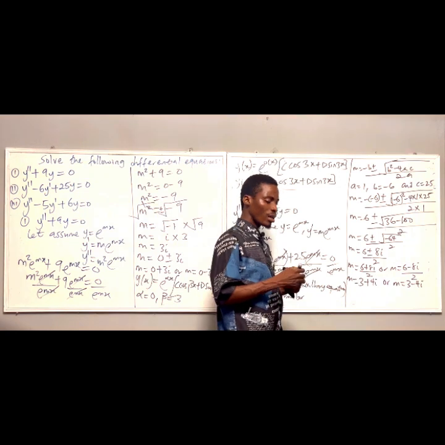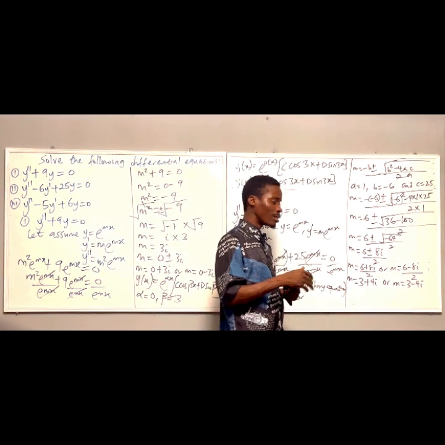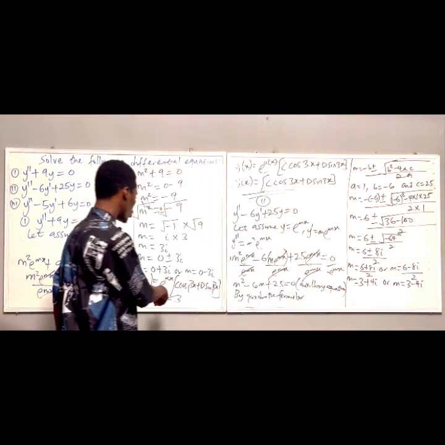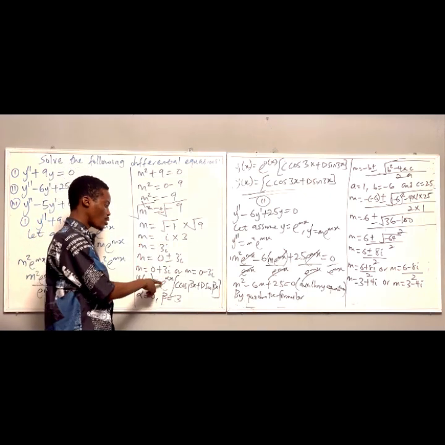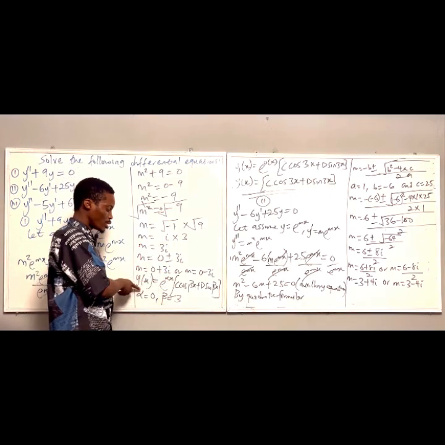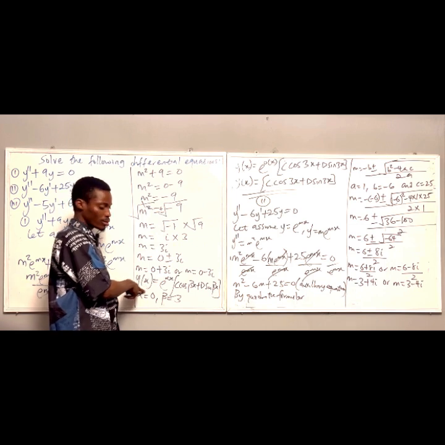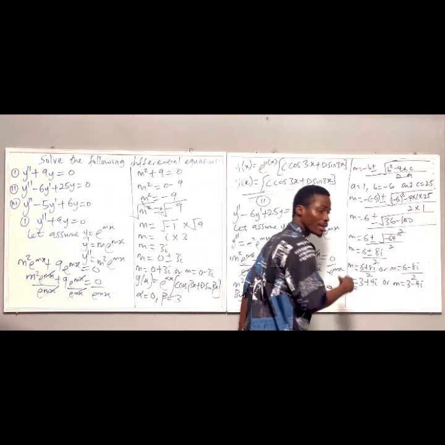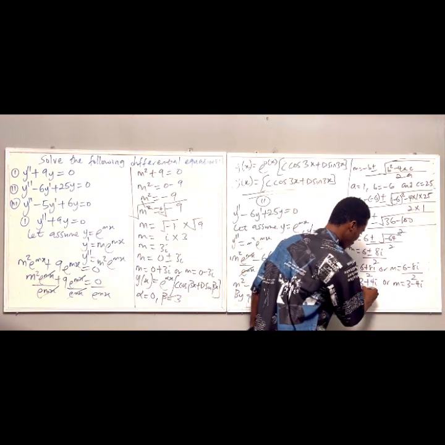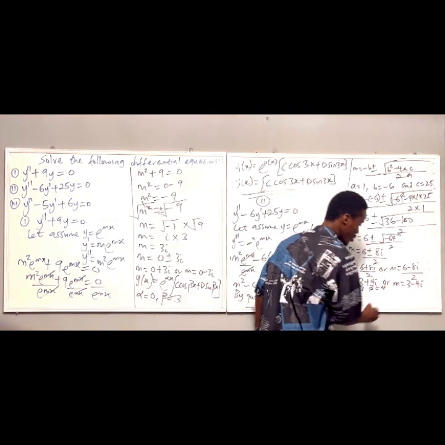And remember that whenever we have an imaginary part, we are going to use this general solution. It means my alpha is the real part, which is 3, and my beta is my imaginary part, which is 4.